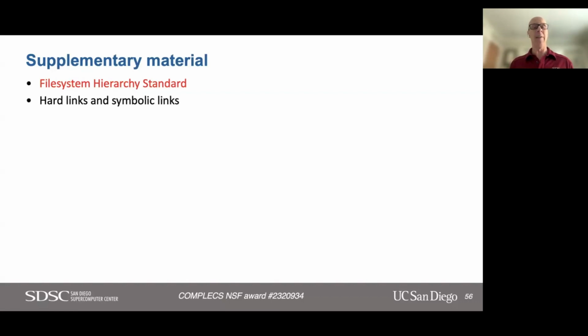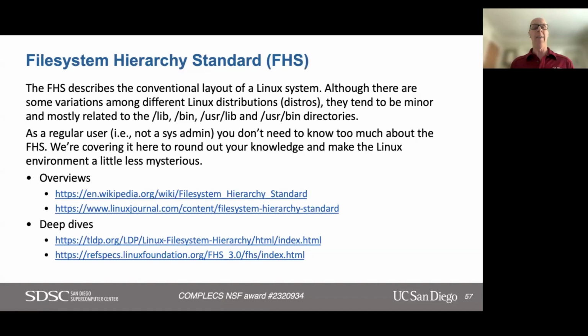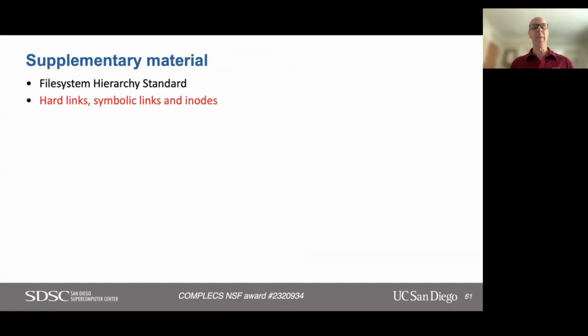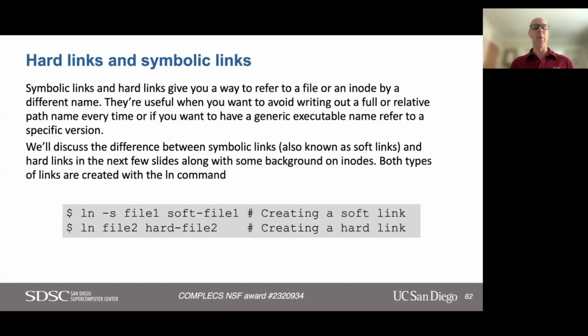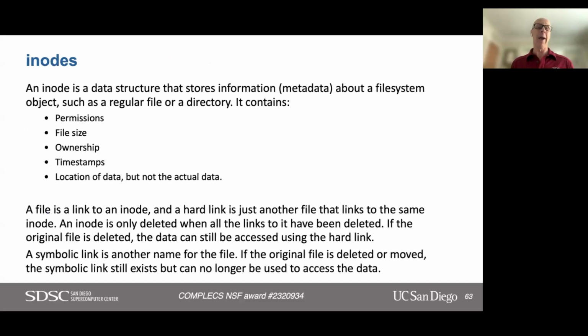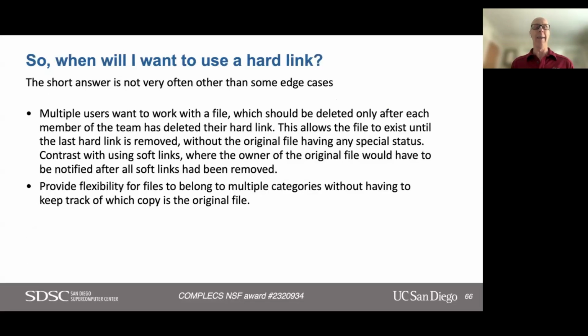If you're interested in learning a little bit more about the Linux file system hierarchy standard and the difference between hard links and symbolic links, I give some examples here contrasting the two, and wrap up with a couple of examples of when you might want to use a hard link. As I mentioned earlier, I have never found an instance where I actually needed a hard link, but you might find some cases. So with that, I am going to wrap up.